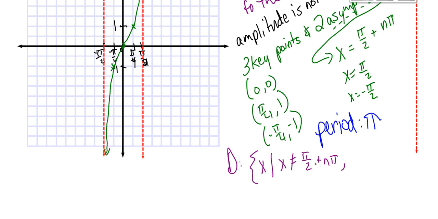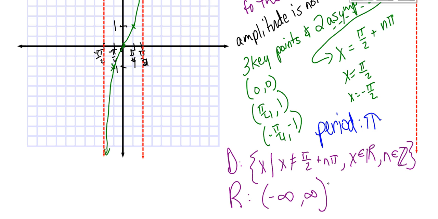X is an element of the real numbers, and n is an element of z, which is the integers. But then our range, because think about this, it's going down to negative infinity there and then up to positive infinity. So our range is just from negative infinity to infinity. And just a reminder, I'll write it over here, that z is the set of integers.